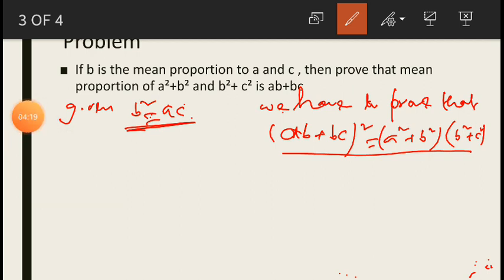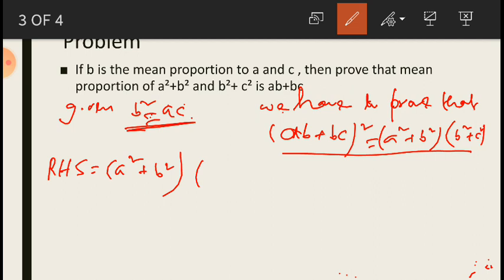Considering this right hand side will be more convenient. That is the right hand side, A square plus B square into B square plus C square. Now we are given that B square equal to AC, so we write that here.